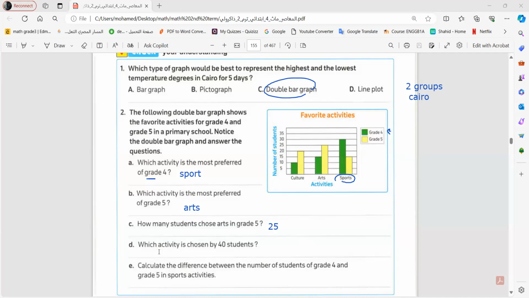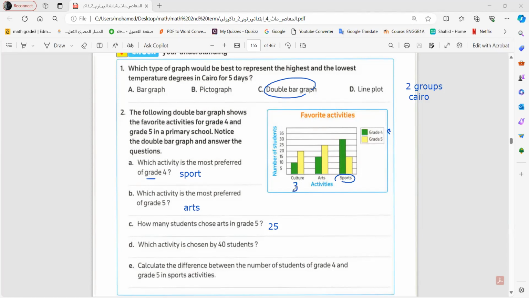Super. Which activity was chosen by 40 students? 40 students. I didn't mention grade 4 or grade 5. All students. Which one? It's hard. No, just count. You have 10 here and 20.